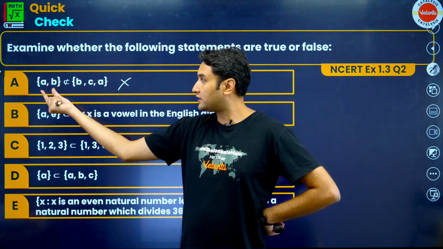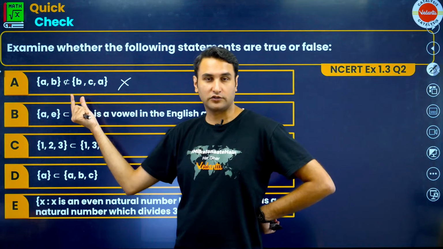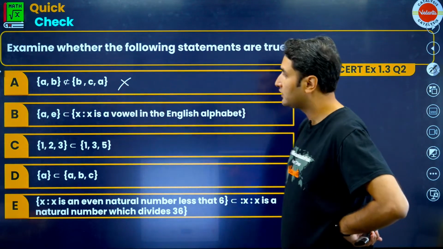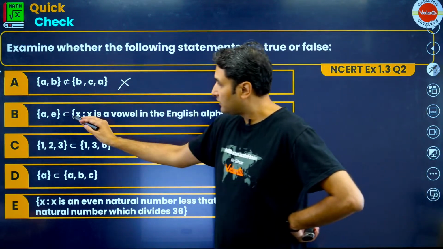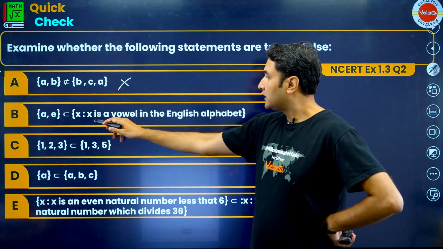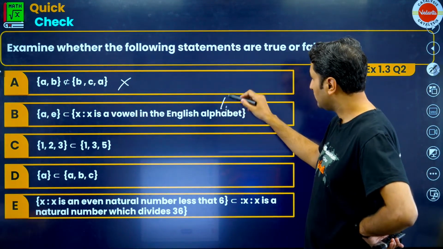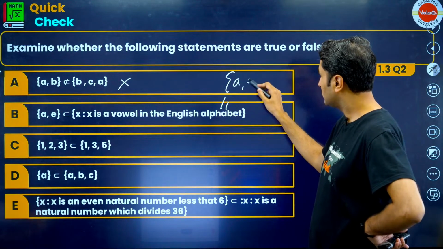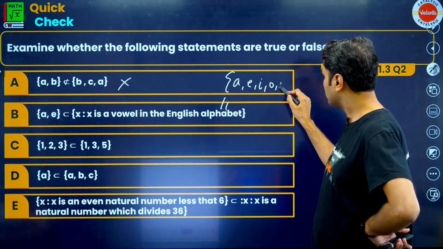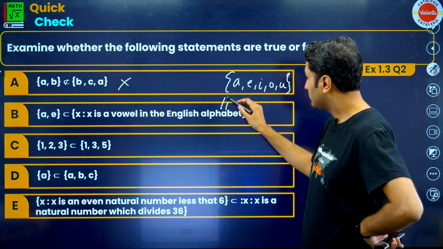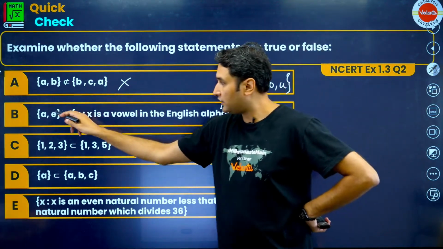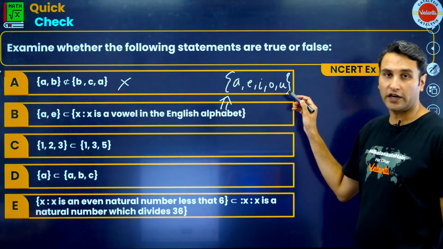So definitely this set is a subset of this set. So this statement is not correct. A, E is a subset of X such that X is a vowel in the English alphabet, of course, because this set is nothing but A, E, I, O, U. Right? So A, E is a subset of A, E, I, O, U, correct?